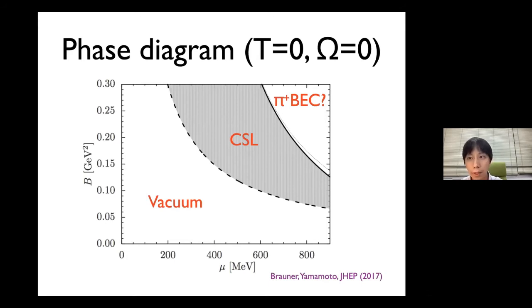In fact, if we increase the magnitude of the magnetic field further, then one can show that charged pions become tachyonic. This is the onset of the Bose-Einstein condensation of pions, although I will not go into details on this aspect. But in any case, there is a range of parameters where the ground state of QCD becomes the Chiral lattice.